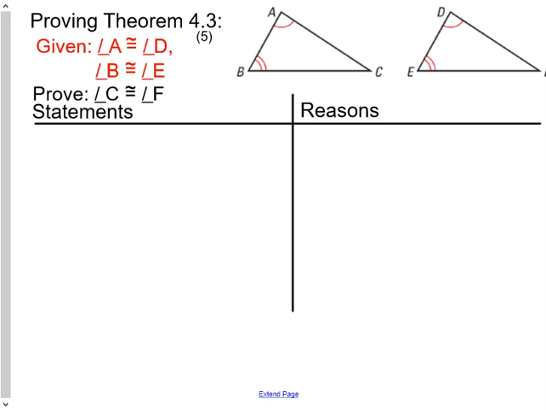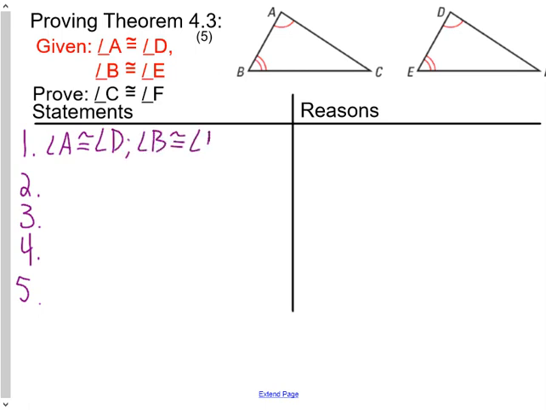Next, proving that theorem. It says 5 steps. We might go a little quicker through this proof. But again, given we've got a bunch of angles congruent, A and D are congruent, B and E are congruent. And notice, when we use variables like this, we're proving it for all cases, not just for one.